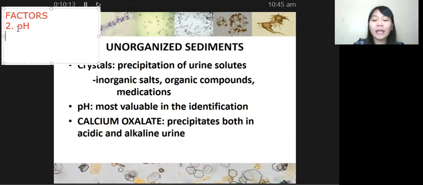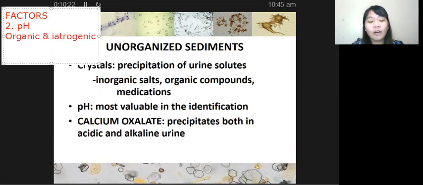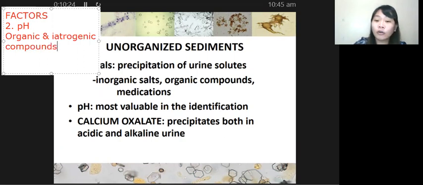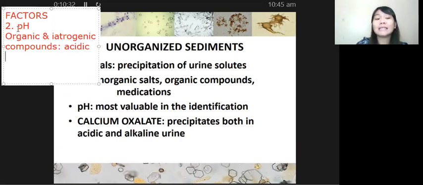So in particular, when we consider your organic and iatrogenic compounds or substances or solutes, they precipitate at an acidic pH. Okay, so nagpre-precipitate sila sa acidic na pH.